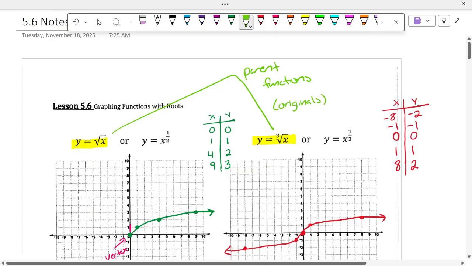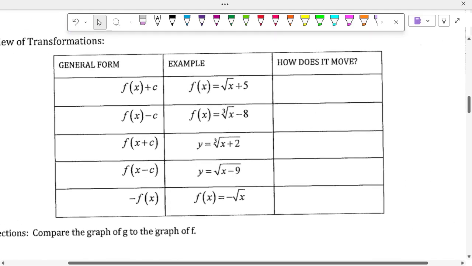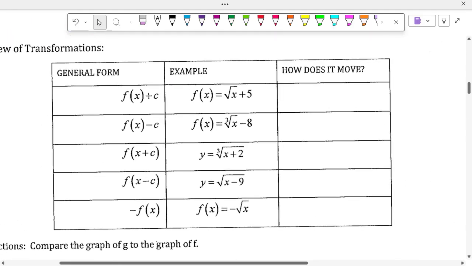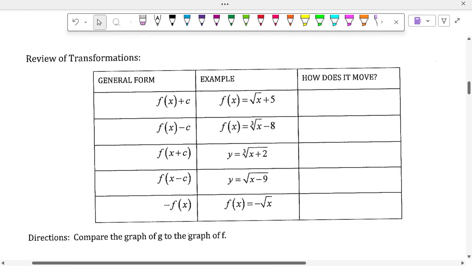Now, why am I bringing that up? Let's look at the next page. So, quick review on function transformations. We briefly talked about this back in Unit 3, and you also saw it when we did our transformations unit way back at the beginning of the semester. If I'm adding something outside of the parentheses, think back to your transformation unit.